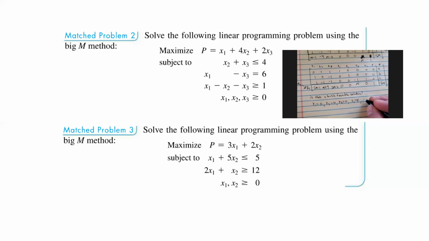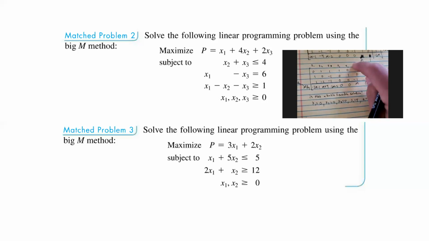Is A1 a non-basic or basic? It is a basic because it equals 6. S2 is now a non-basic, which equals 0. And A2 is equal to 1. And the profit equals negative 7m.